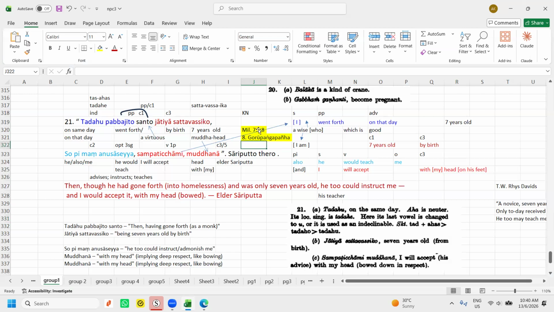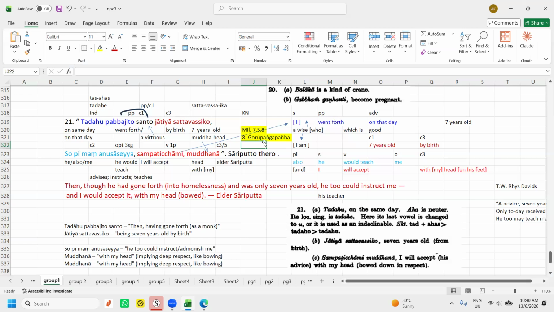You can find this in the Milinda Panha, which is under the Khuddaka Nikaya, and this is a new edition added after the third council in Burma.